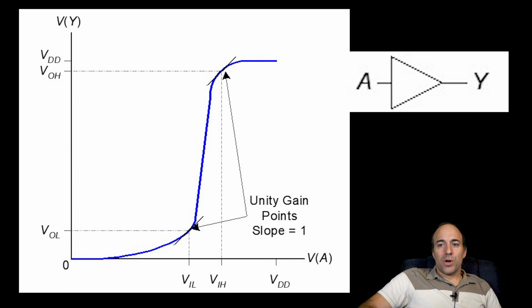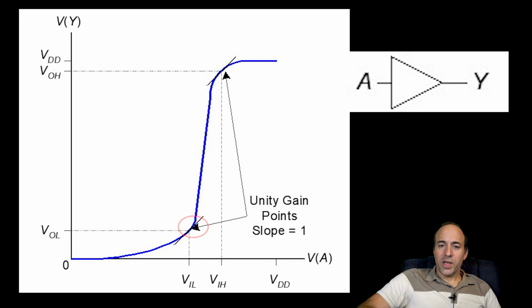But let's examine this gate relative to its input response. In other words, what happens to its output voltage as we increase its input voltage? As you increase the input voltage starting from 0 volts, you will see that the output voltage will rise very slowly until a point where the output will rise quickly and then level off and then slowly converge to VDD.